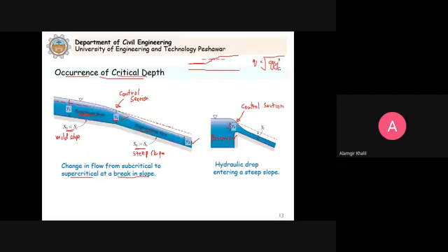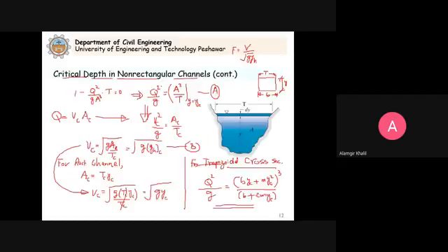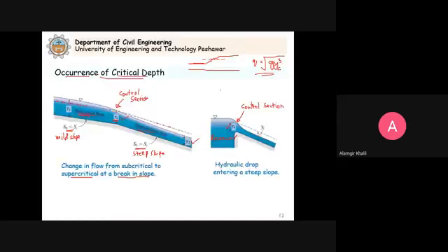This equation we studied, or the equation that we just developed here. Clear? So when we have the critical situation, at y equal to y_c, we can calculate the discharge. This is for a rectangular channel, and for a non-rectangular channel we just studied the other equation.